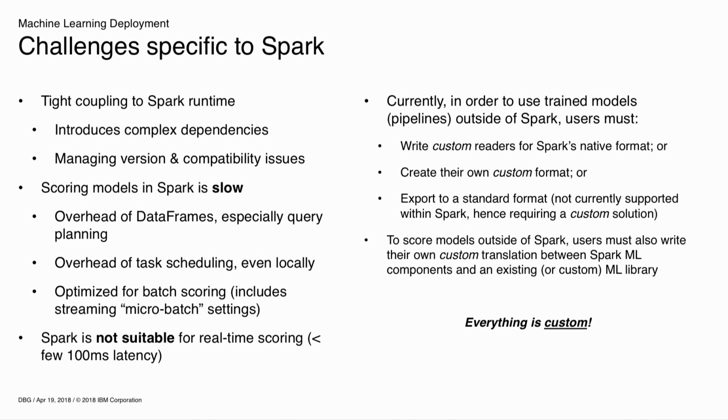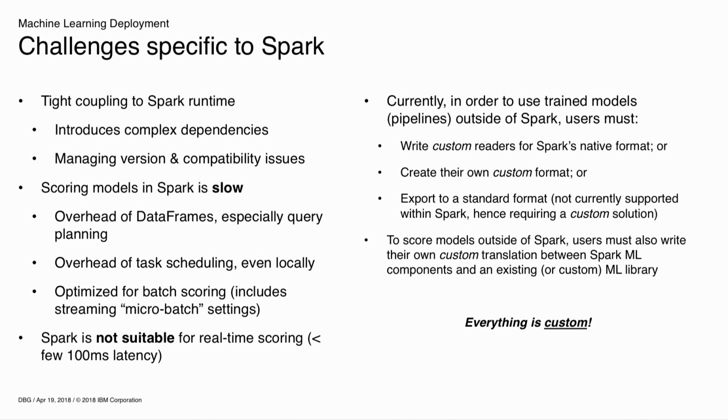So what you want to do is take that trained Spark model and publish it outside of Spark. Well, that is pretty much impossible to do out of the box. There's limited support for some standards like PMML, which we'll talk about. But effectively, you need a custom solution all the way through. You need to have a writer and reader for Spark's custom format, which is a combination of Parquet and JSON.